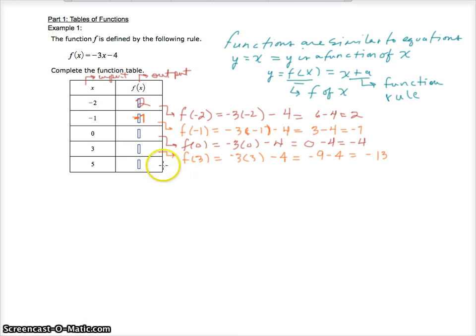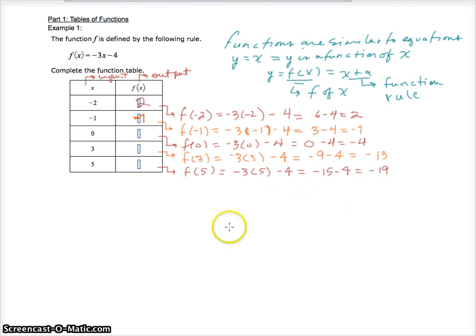And for our last one, we're going to look at f of 5. We'll have negative 3 times 5 minus 4. Negative 3 times 5 is negative 15 minus 4. That equals negative 19.